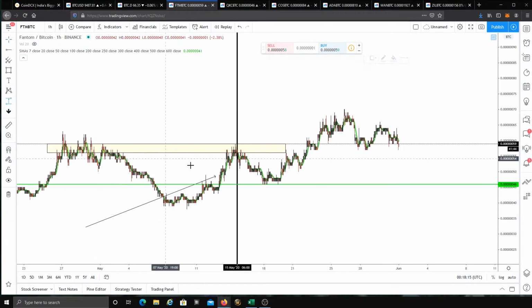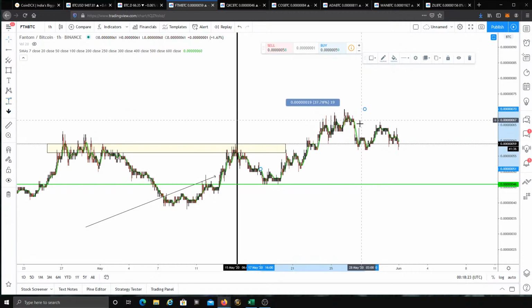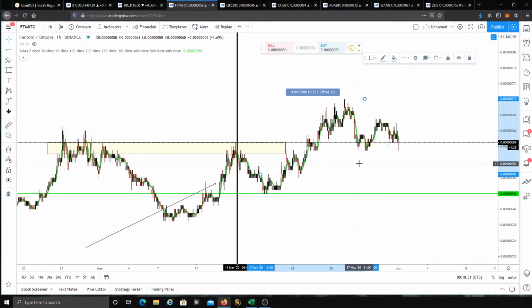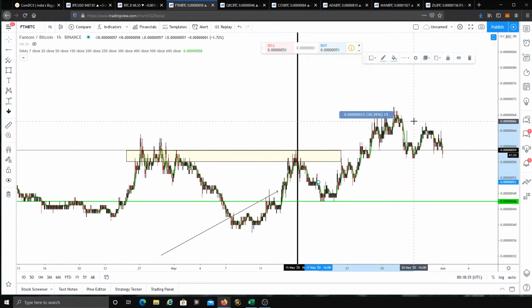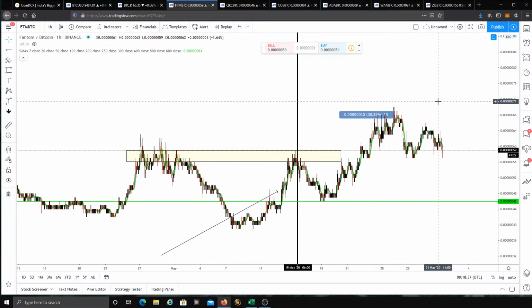Now look what would have happened had I not psyched myself out. Okay, so I sold here at 51. Look what happened over the next 3 days or so. 37% move. Okay, so even if I didn't sell all the way up there at the top, let's just say I sold here at 66. Okay, 30% move.